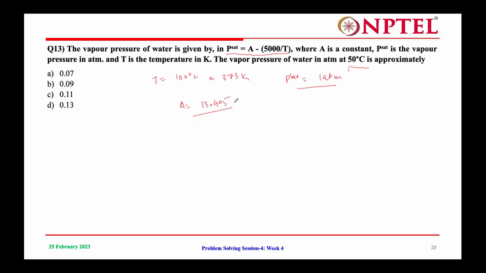Now simple one. Convert this 50 degrees Celsius into Kelvin and put the A value here, then you will get the Psat. 13.40.